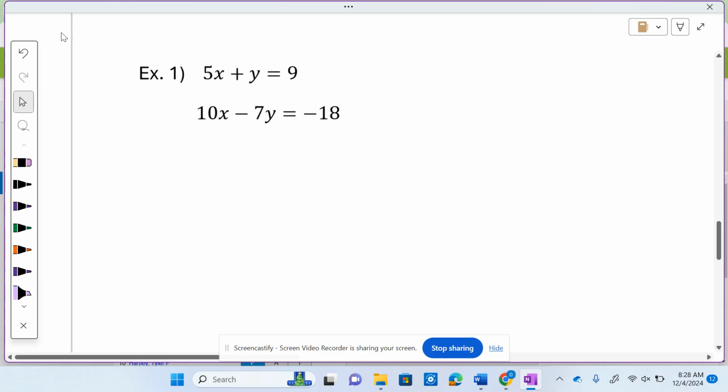What do you think is going to be easier, to get rid of the x's or get rid of the y's? It's a personal choice. If we wanted to get rid of the x's, what could we multiply by?